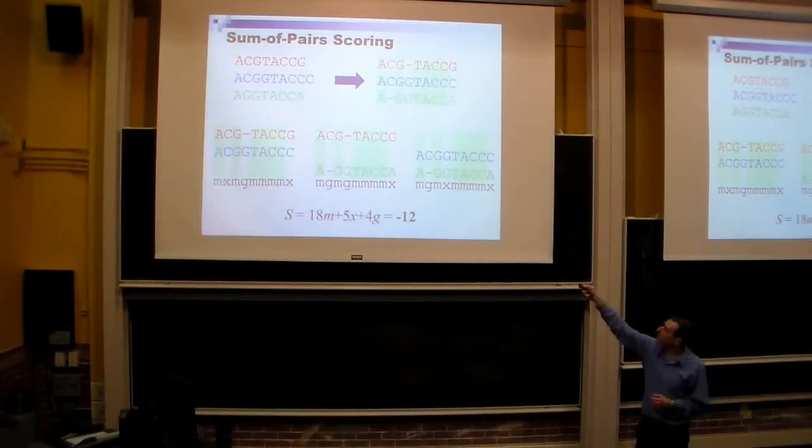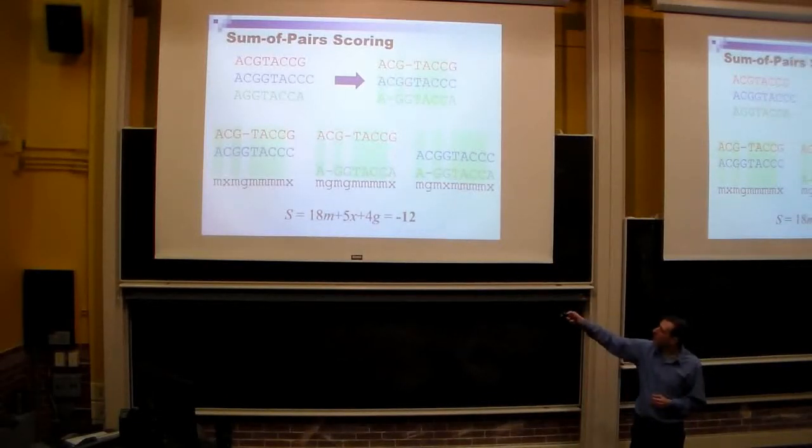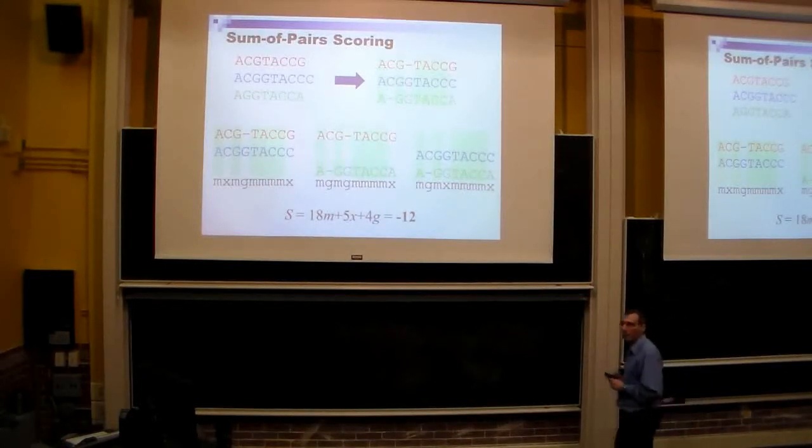So if we get this multiple alignment of a red, a green, and a blue sequence, then to score that, you would take the score of the red sequence aligned to the blue in this multiple alignment. You can figure that out by applying our pairwise alignment scoring function, add in the score of red aligned to green, blue aligned to green, and get an overall multiple alignment score.